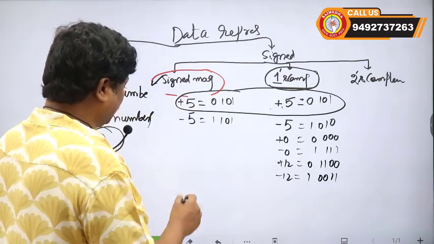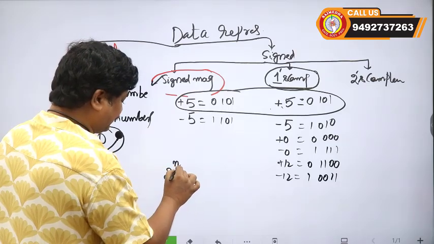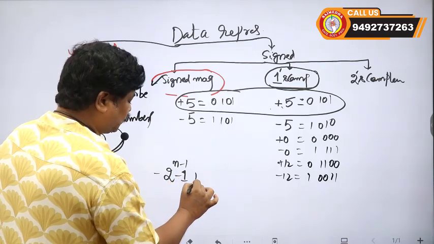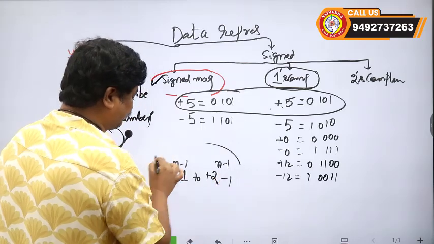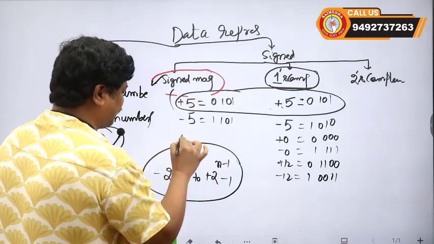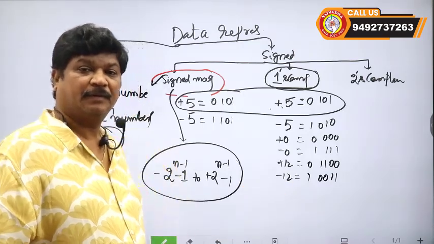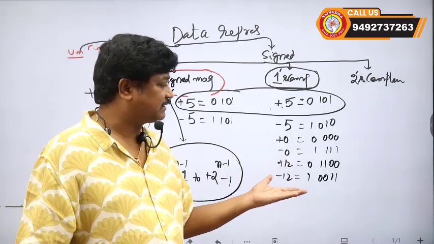What is the range formula? In the previous case, what did we write? Minus (2 power of n minus 1, minus 1) to plus (2 power of n minus 1, minus 1). This is for sign magnitude. What about here? Here positive numbers are there, negative numbers are there.